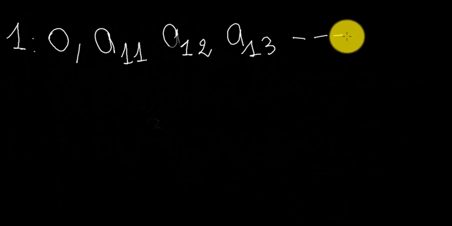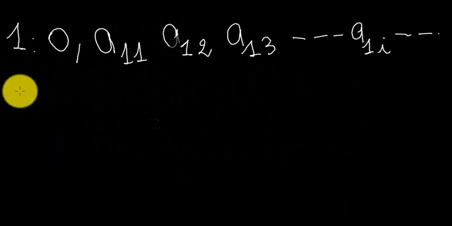We'll continue doing this until we reach some element A1i, and so on. So this supposes that we already have the first element in the 0-1 interval.